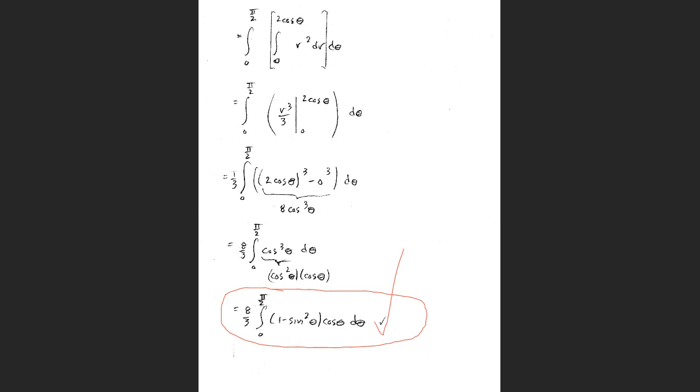We know that sine squared theta plus cosine squared theta equals 1. And so cosine squared theta will equal 1 minus sine squared theta. No problem there. But why did I do that? How's that going to help me do the integral?